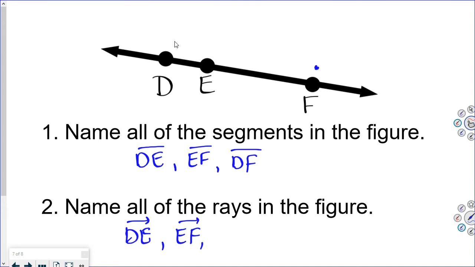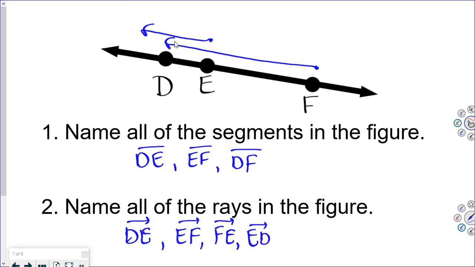I can start at F and go left. So I can use F, and then I can use either E or D for that second point. And then I've got the ray starting at E going through D. As you guys are looking at these, with rays, that first letter has to be the endpoint.